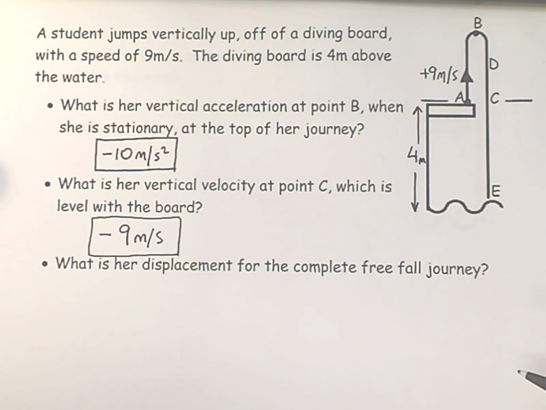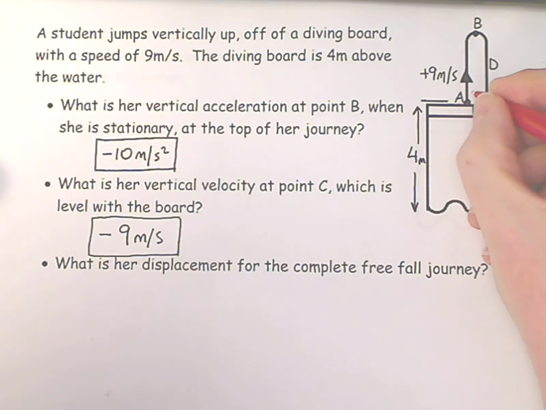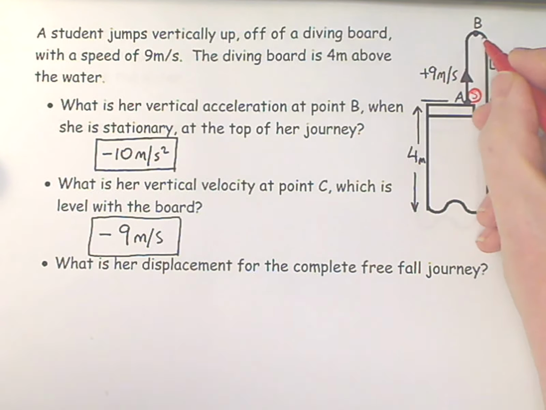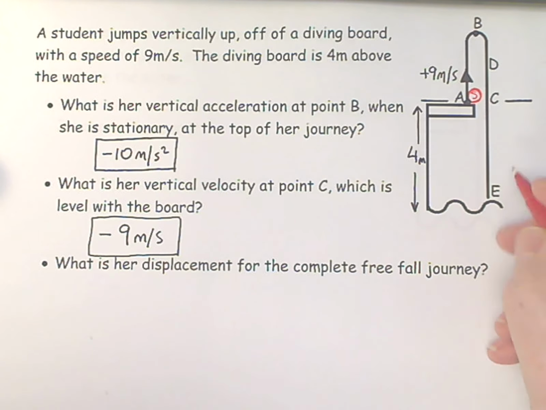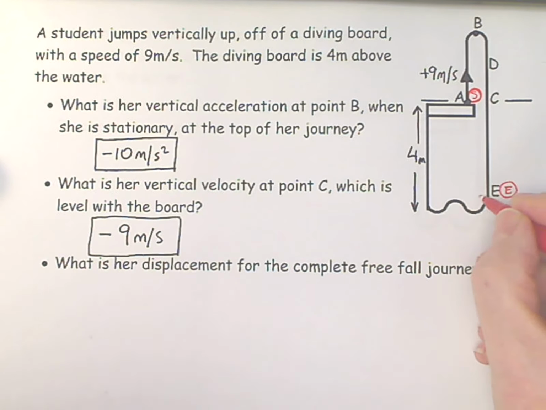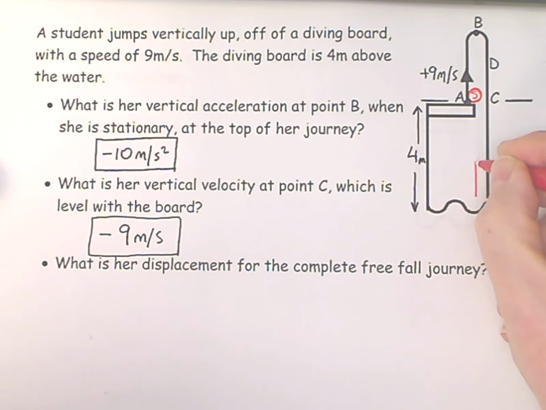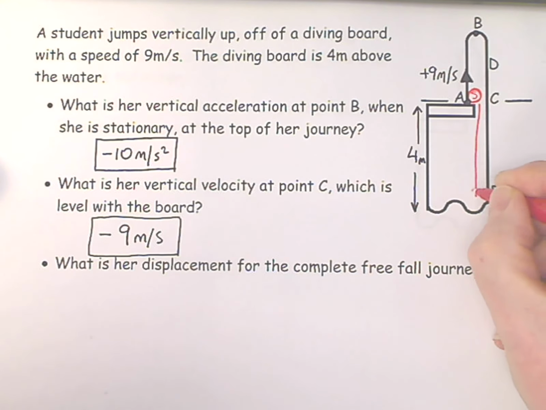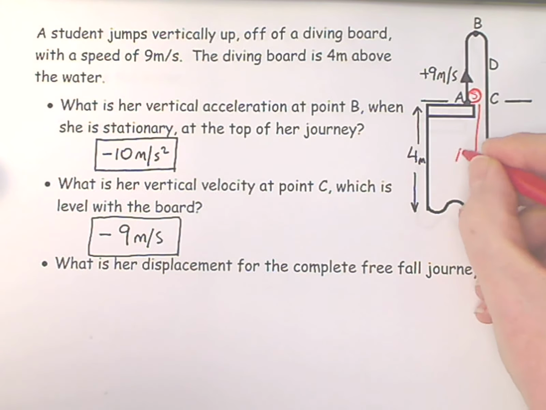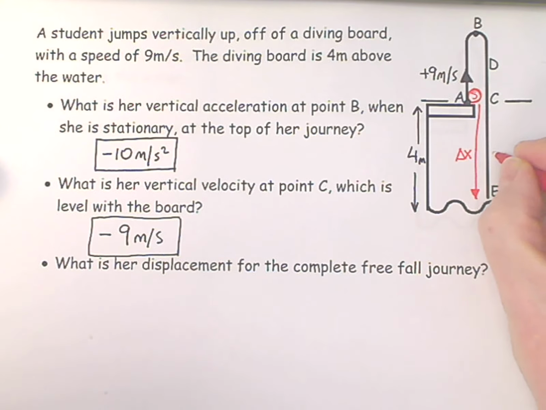And then what is her displacement for the complete free fall journey? So let's be clear about that. She starts here at A, goes all the way up to B, through D, through C, and then finally ends up here at E. So the displacement is the final position minus the initial position, which is delta x, which equals minus 4 meters.